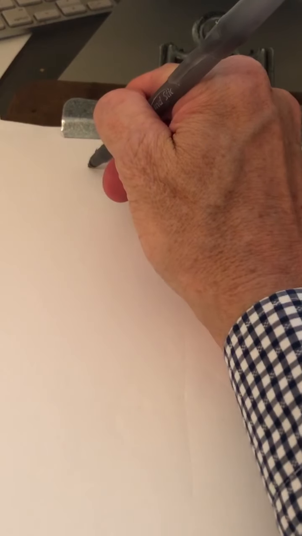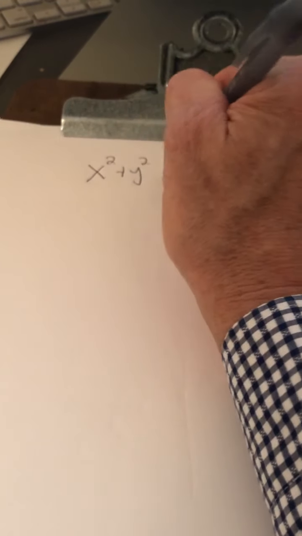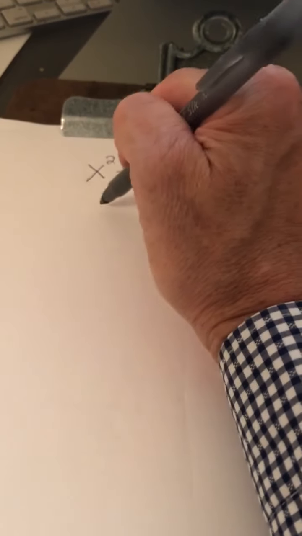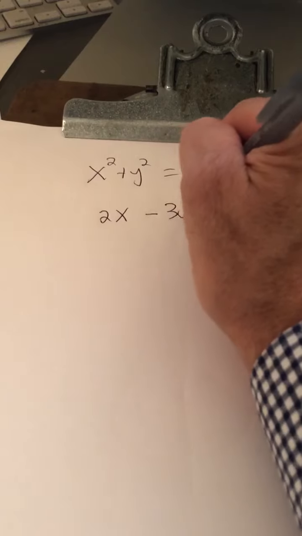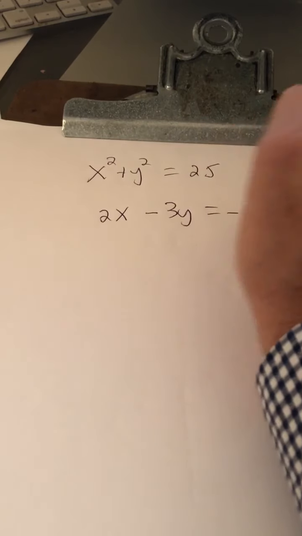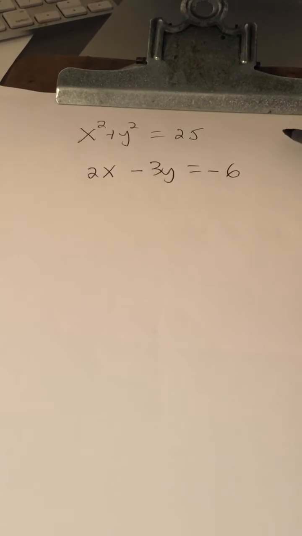So again, we had x squared plus y squared equals 25, 2x minus 3y equals negative 6. So with a nonlinear system, there's no systematic way of approaching the problem the way we do with linear systems. So pretty much anything goes, but for the most part, it's going to be substitution.